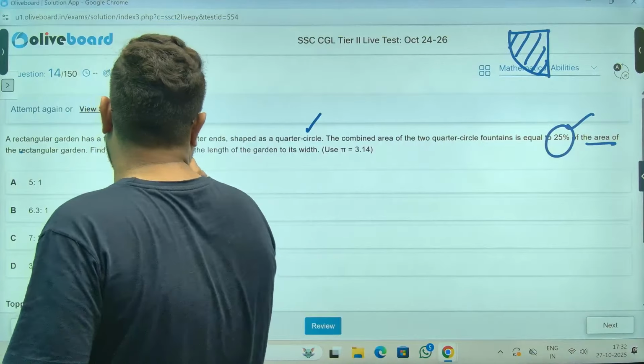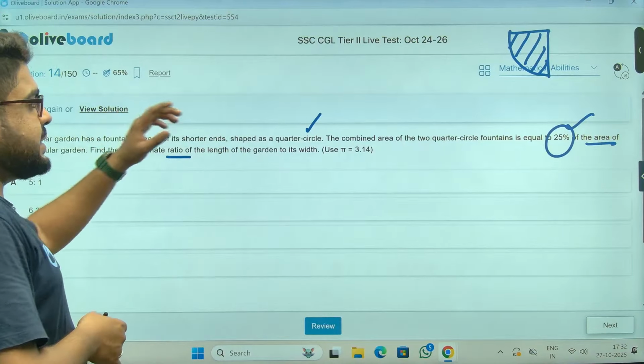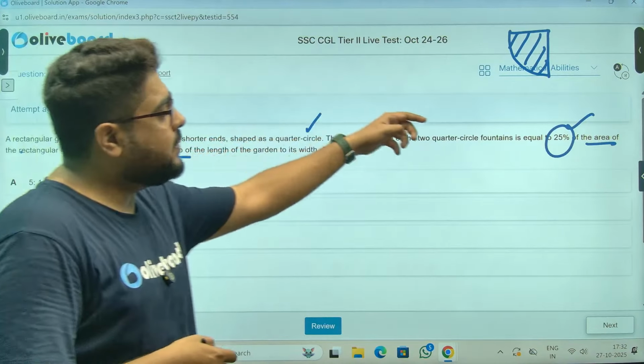Find the approximate. Then you will ask me, sir, what is the radius of the quarter circle? You see, this is given. It is at the shorter ends, sir, meaning this is the radius. The shorter end of the rectangle is the radius of the quarter circle, right? So now they are asking for length and width. Width means the radius.